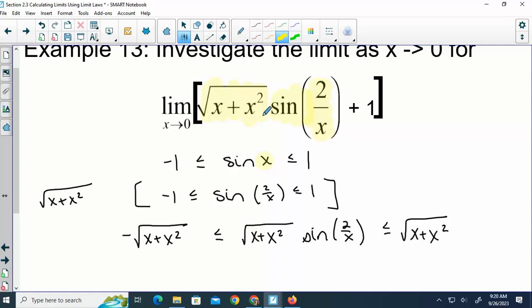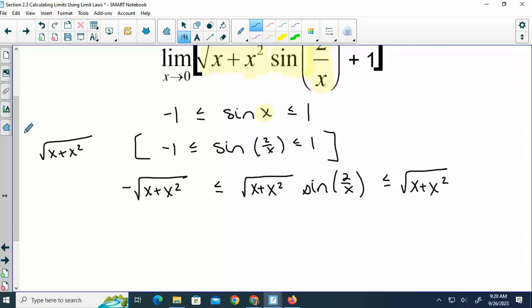So now I have all of this. We need a plus 1. In inequalities, can you add 1 to every piece? Yeah. So I have negative square root of x plus x squared plus 1 on the end.